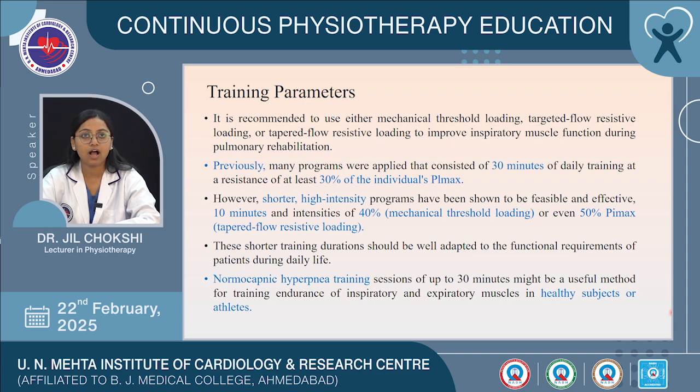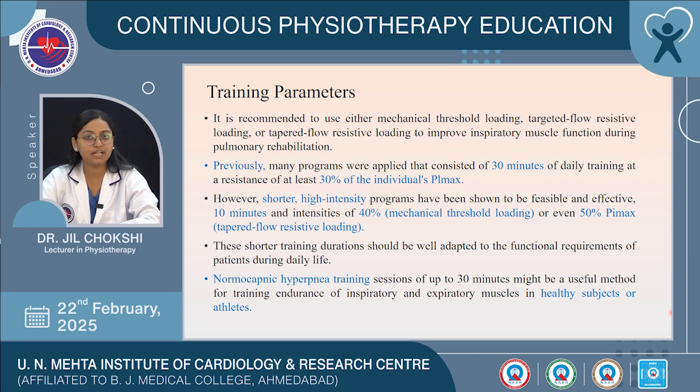However, shorter, high-intensity programs of 10 minutes and intensities of 40% for mechanical threshold loading or even 50% of PI max for taper flow resistive loading have been shown to be feasible and more effective. This shorter training duration should be well adapted to the functional requirements of the patients during daily life.